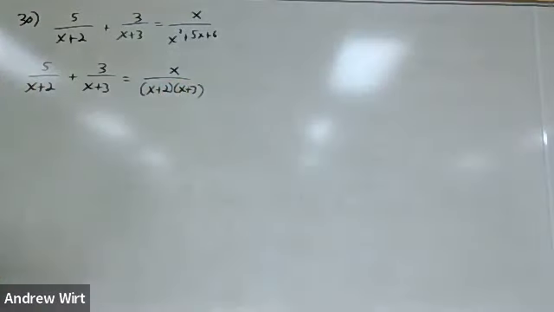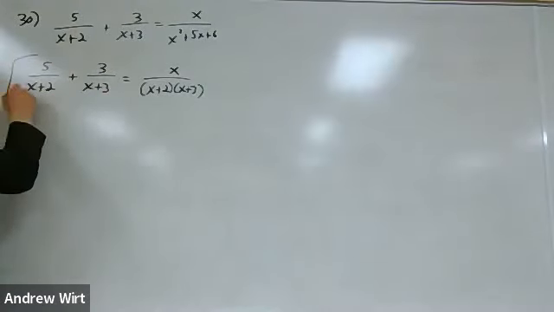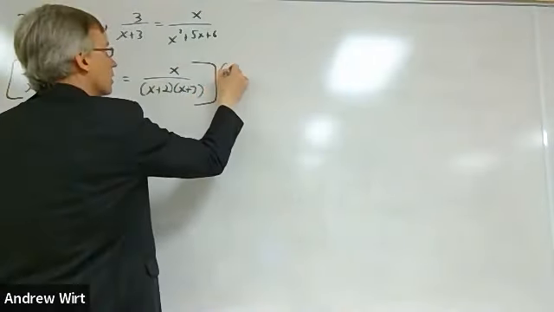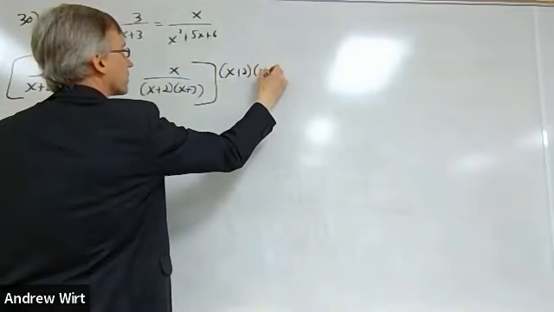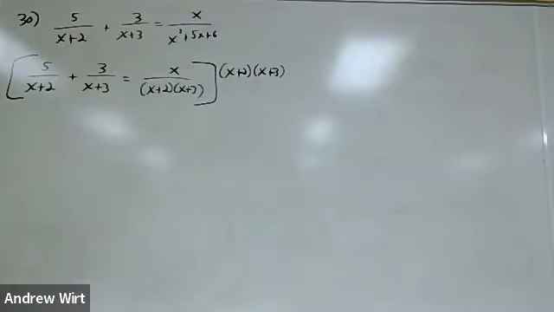X plus 2, x plus 3. And now it looks like our least common multiple of the denominators is going to be x plus 2 times x plus 3. All right, now let's multiply this entire equation by that.